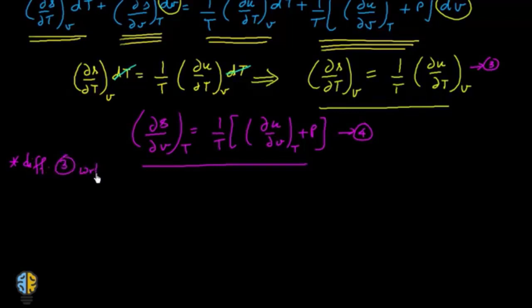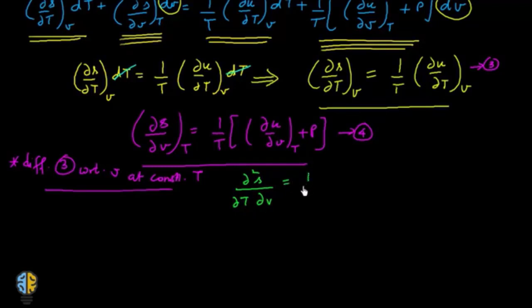So it will become a second order partial derivative. You get ∂²S/∂T∂V equal to 1/T times ∂²U/∂T∂V. So this is what you get, and let us number this as equation number 5.